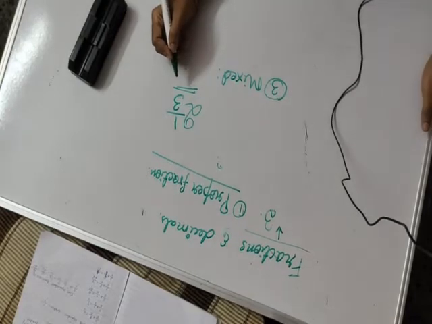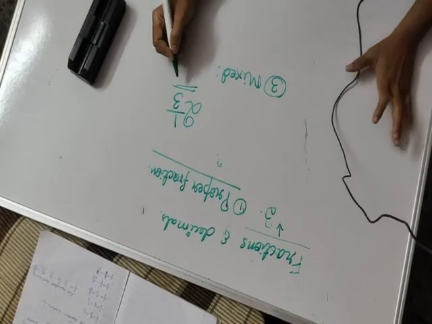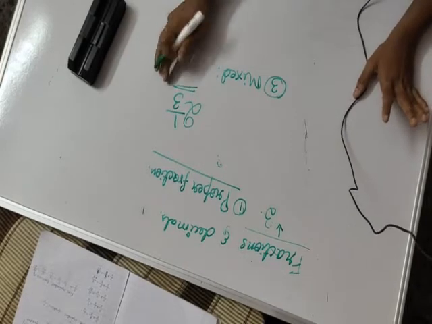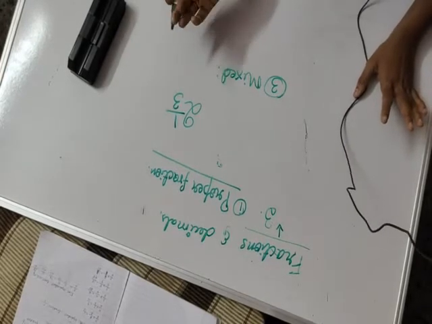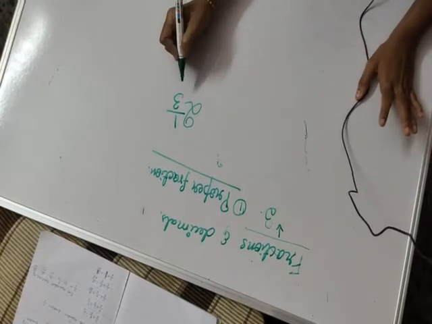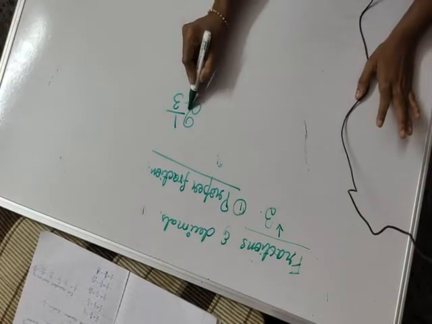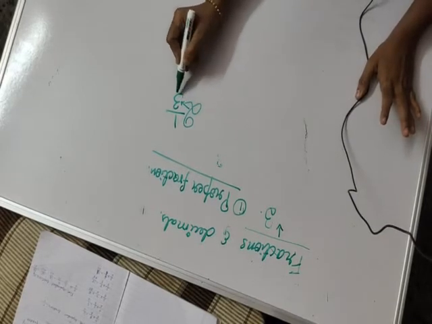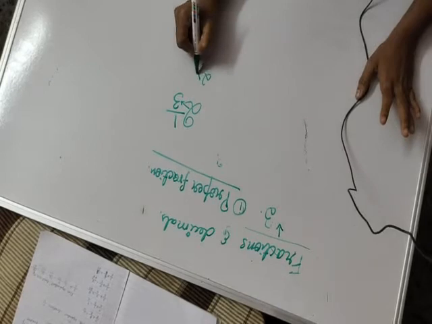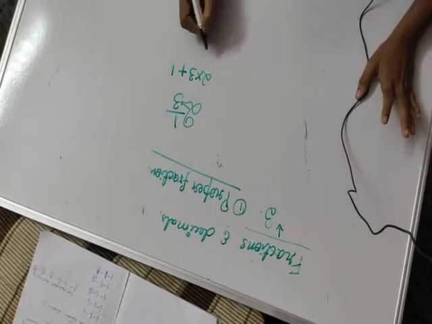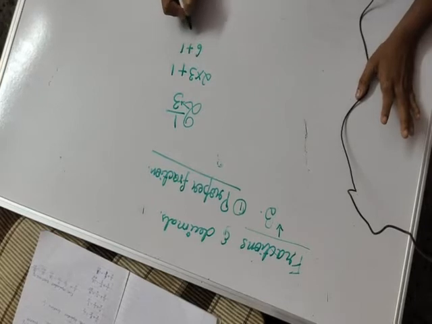You have probably finished these once already in your 6th standard. Now how to convert mixed to improper? Improper to mixed and mixed to improper are both possible. See, now here, whole into denominator, that is 2 into 3, plus the numerator. 2 3s are 6, plus 1, that is 7.